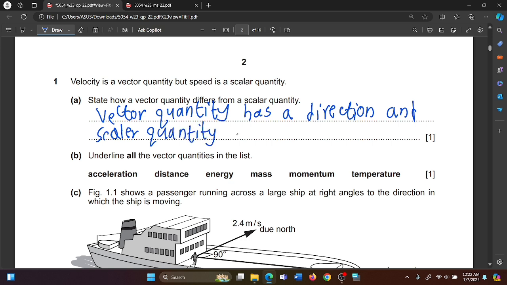So done. We got the one mark for question 1a.